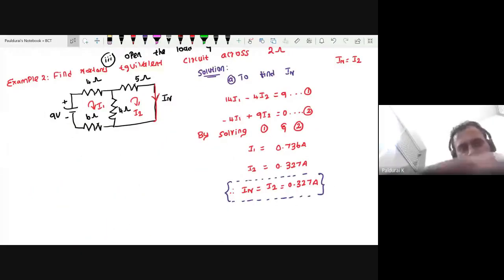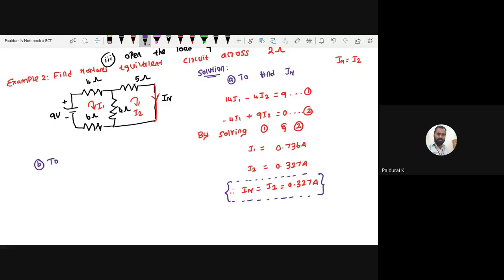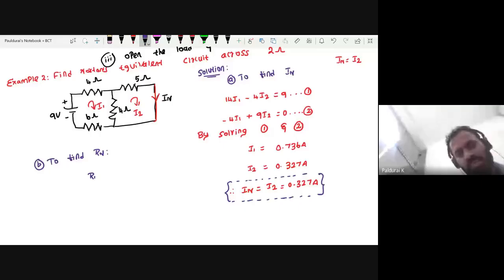So now, what's the next one? To find Rn, but this time I don't want to calculate Rn. You know Rn equals RTH. It is again 7.86 ohms.